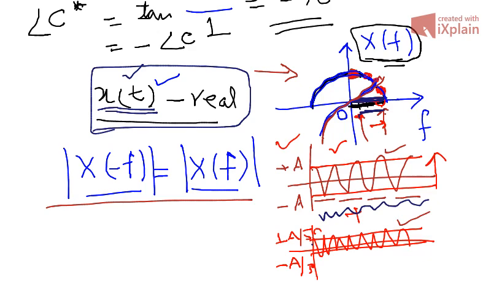While if you observe the phase spectrum, for these frequencies towards the right side it is positive, and for these it is negative.